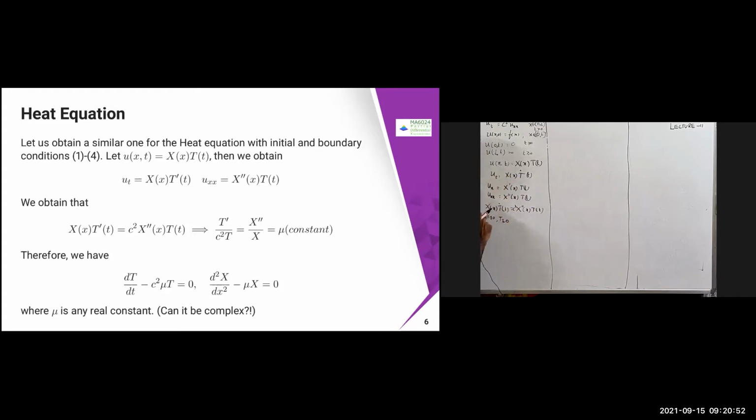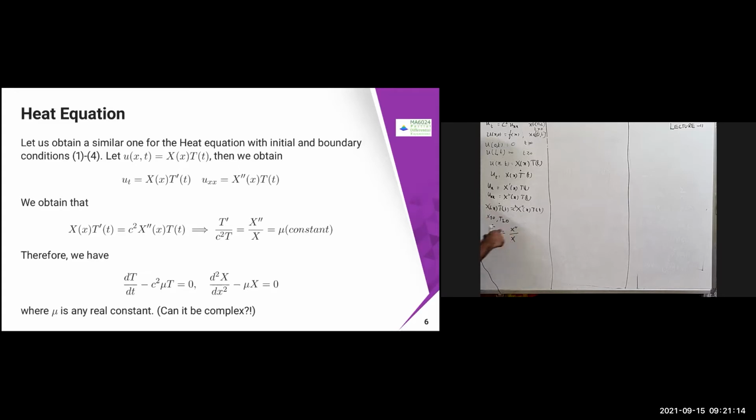So I'm going to use the same technique I applied in that equation. If I divide by x by t, this is going to become t dot divided by t, with c square also here, equal to x'' divided by x.